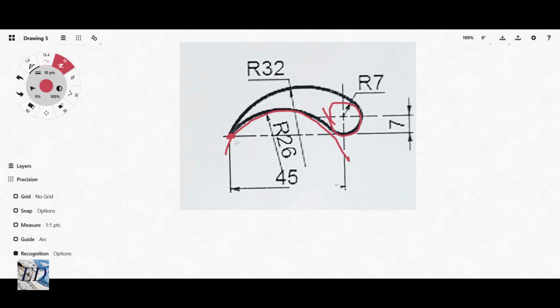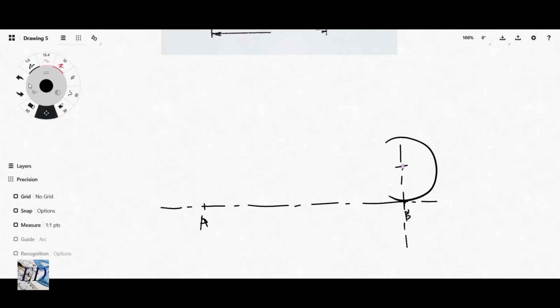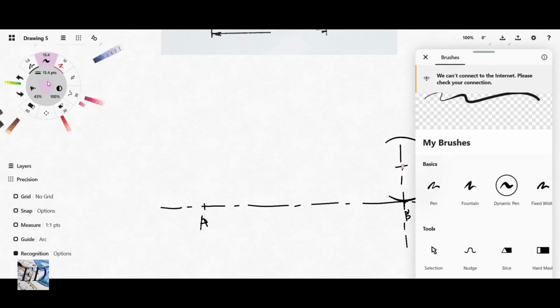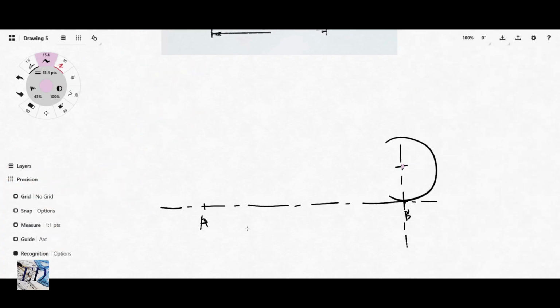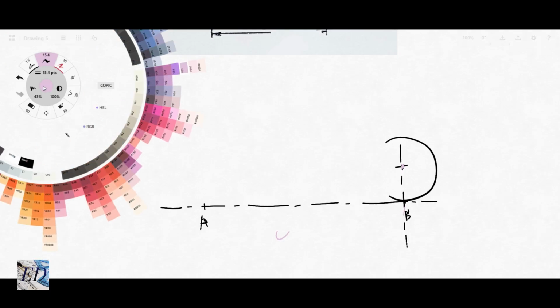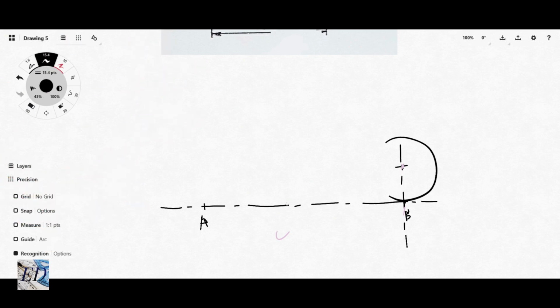Because it's stated here in the dimensions that the distance between this point and this particular arc here is 45. Without marking that out, it will be a lot harder to even know the location. It goes back to what I was saying earlier, that with tangency you have to pay attention to the location and the distance, right? I forgot to mention that at the beginning of the video.